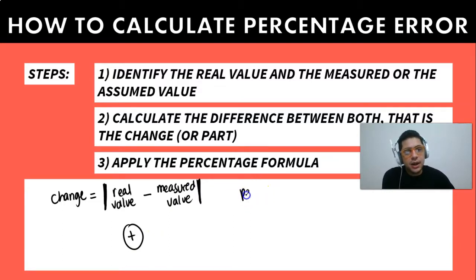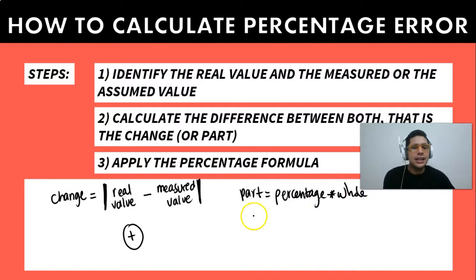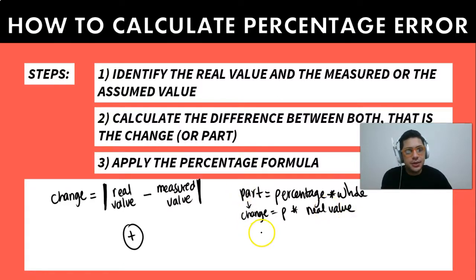So remember, guys, the part is equal to the percentage multiplied by the whole. And in this case, the part is going to be the change, we just calculated on the left. The percentage is usually what we're going to be asked. And the whole is going to be the real value or the original value, right?